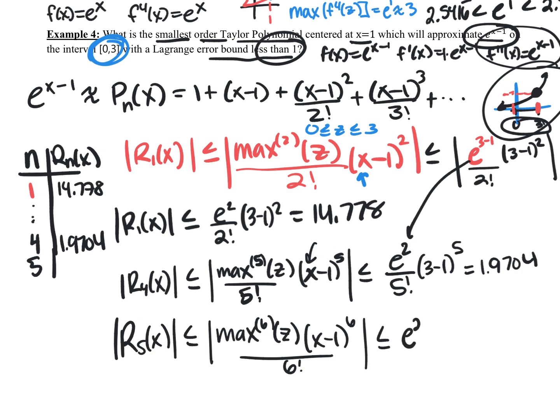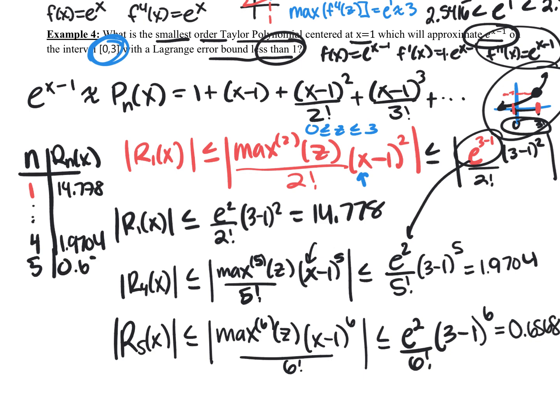So this will still be e squared, the same thing that we had when we plugged in e to the 3 minus 1. This will now be over 6 factorial, and again, we're going to plug in 3 because that's the highest our x value would be on the interval. And remember, this is a bound. Type that into our calculator, and we should get 0.6568.